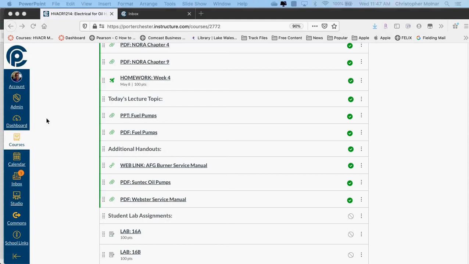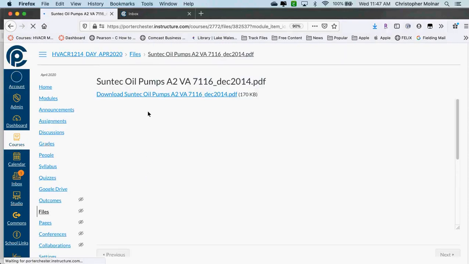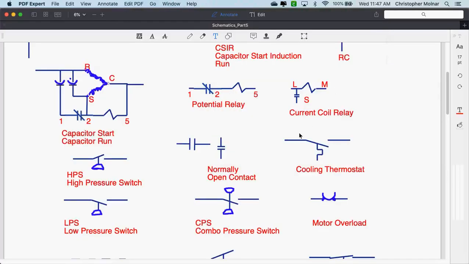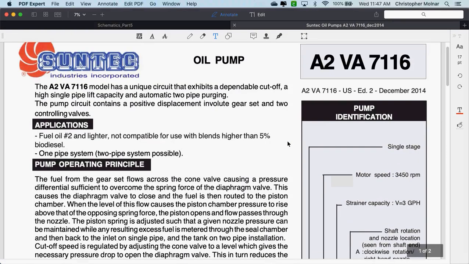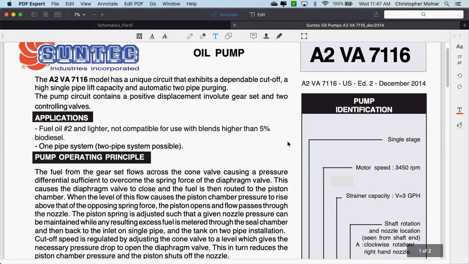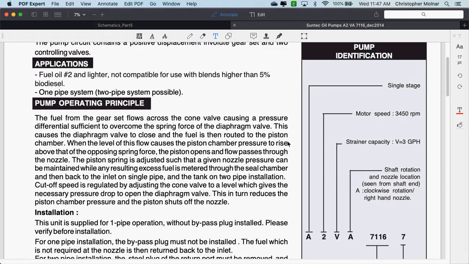Okay, well, we have covered what actually, there's one thing I want to pull open, this Suntech pump handout real quick. If I don't cover that, I'm going to forget. So let me just open that real fast. Okay, Suntech is one of the primary companies that puts out oil pumps, okay?